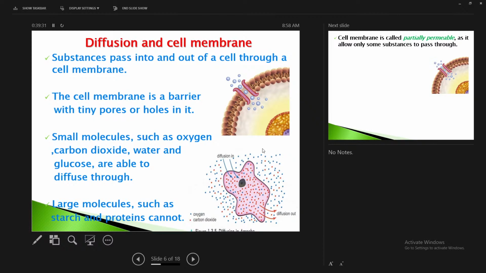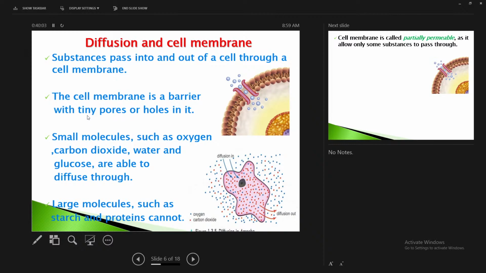So when you eat a piece of chicken, for example, or a piece of fish, that meat contains protein. In that large form, diffusion will not allow protein to enter the cell. That is why you have the digestive system, which will break down the protein into smaller particles, and those smaller particles are called amino acids.